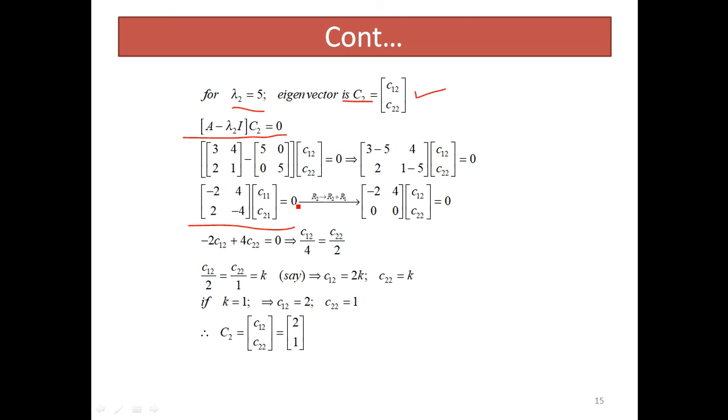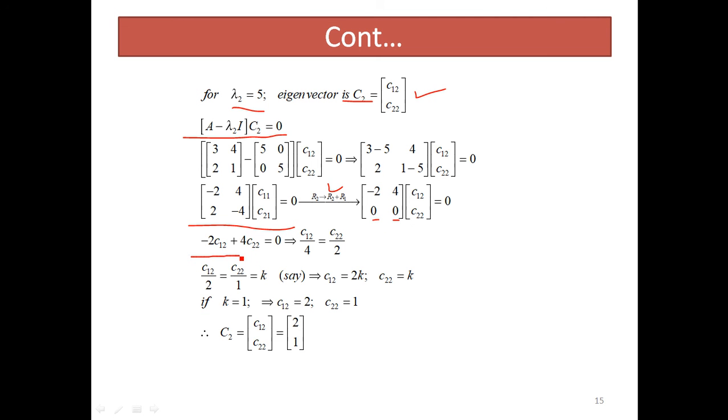Our aim is to simplify the expression, so elements of one of the rows may be kept as 0. It is very easy to make the second row's elements 0 by a row operation, R2 replaced by R2 plus R1. If you apply this row operation, you would be getting this element as 0, this element as 0, and minus 2 and 4 are elements of row number 1.